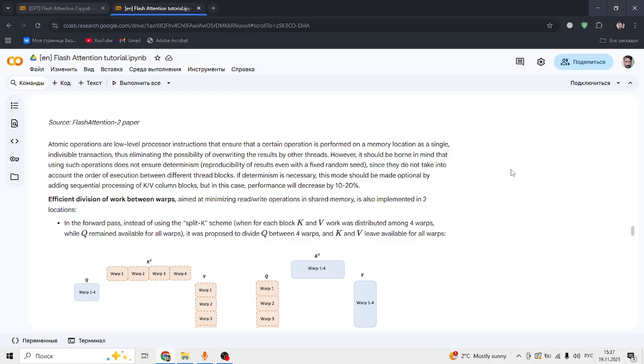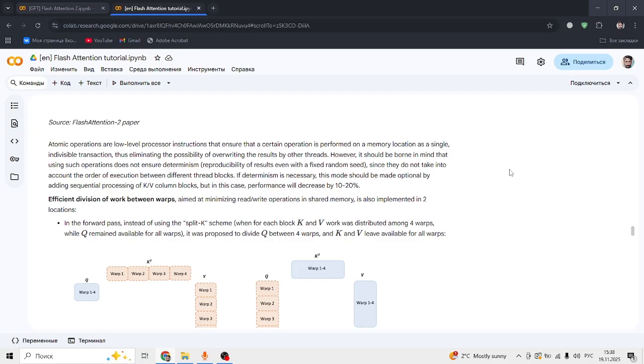It means that if we want to get reproducible results using any random seed, I mean that we run our algorithm the first time, then we do this the second time, and if you want to see the same results, atomic operations don't provide this.